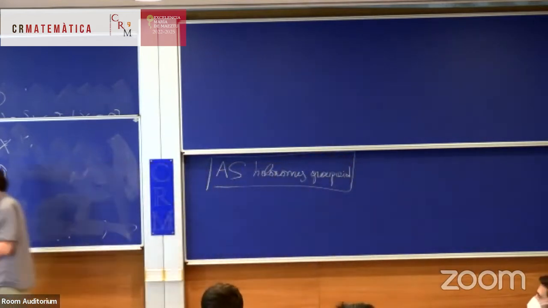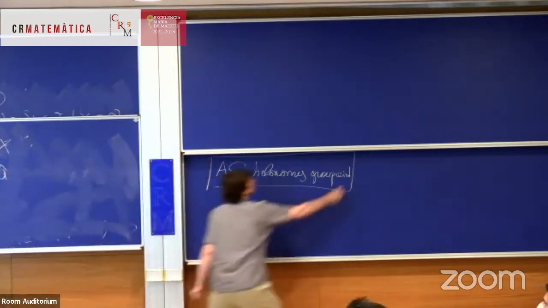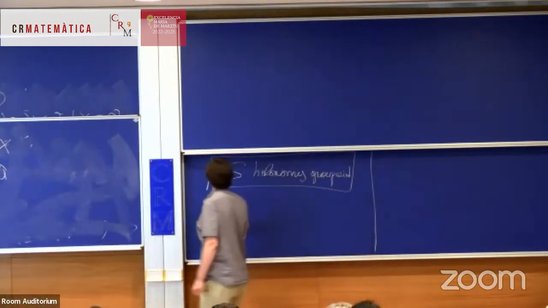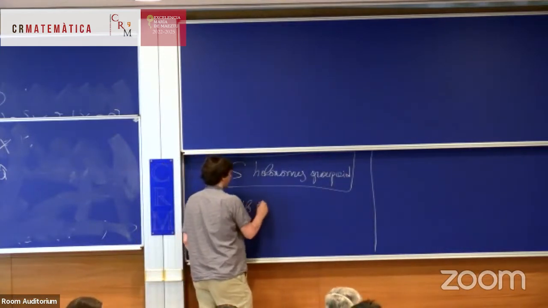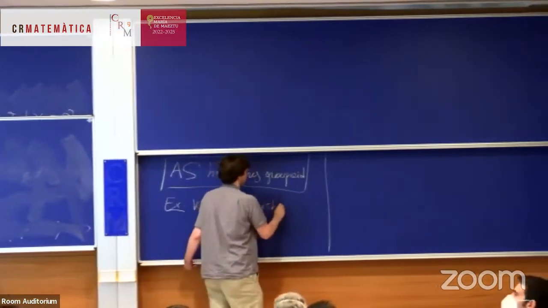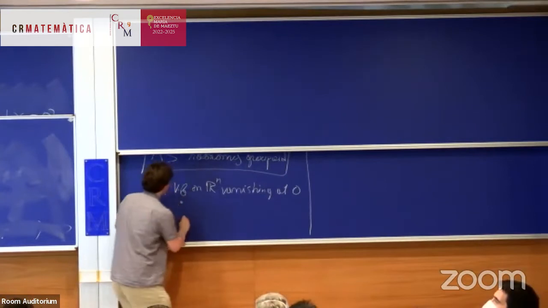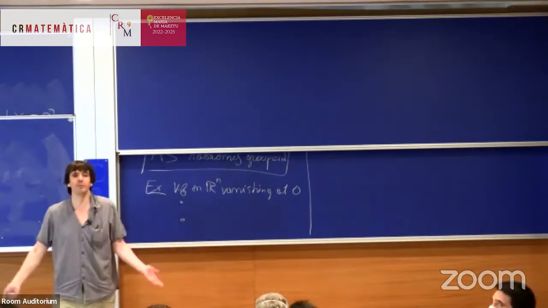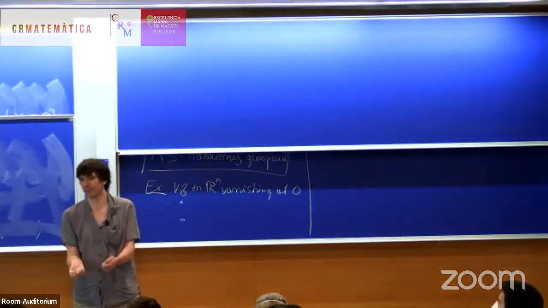What is that? I start with an example. I take vector fields on R^n vanishing at 0. I get two things. You have two leaves, right? 0 and R^n minus 0.